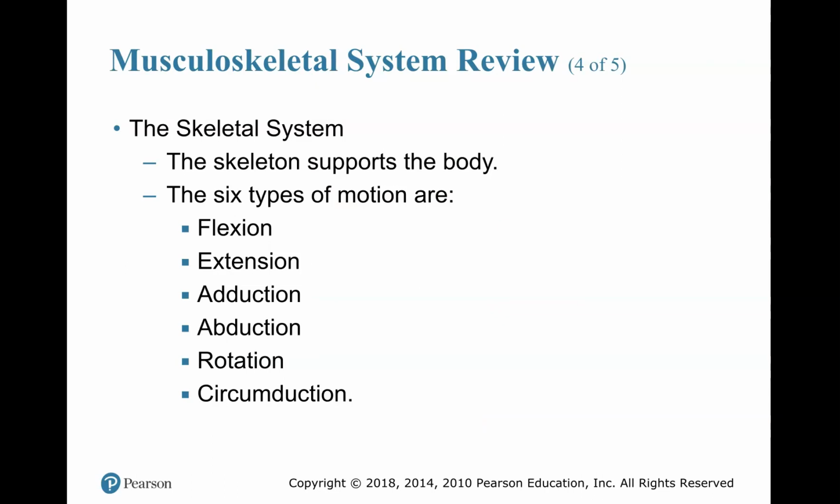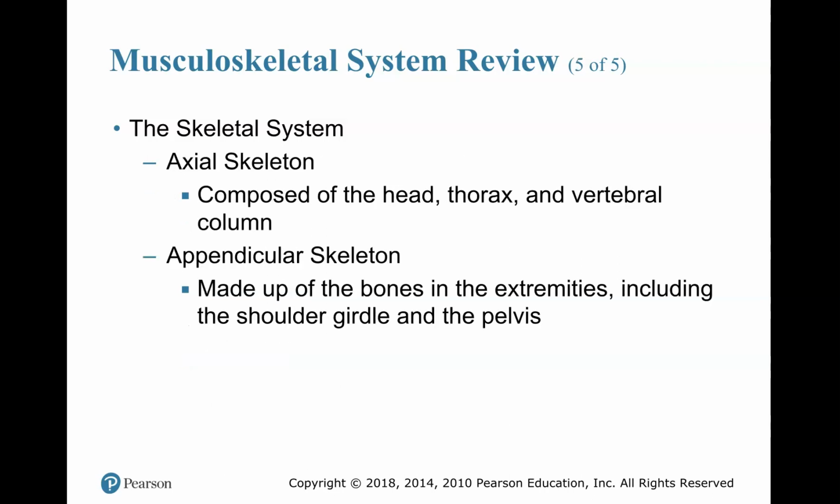The 6 types of motion are flexion, extension, adduction, abduction, rotation, and circumduction. The axial skeleton is composed of the head, thorax, and vertebral column. Appendicular skeleton is made up of the bones in the extremities, including the shoulder girdle and pelvis.